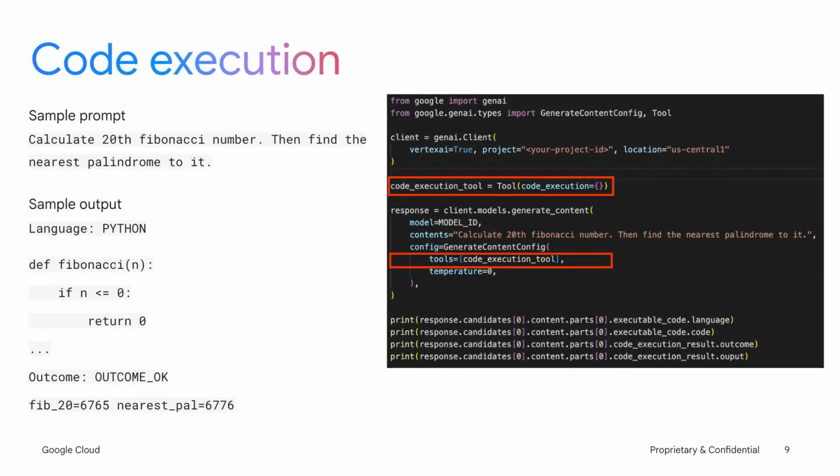But this is kind of a math question, like a math programming question. And so it would really benefit us if we were able to write something in code and have it actually be executed. That's exactly what the model will do. If you look at the response, you'll see Gemini constructing the Python code to calculate the 20th Fibonacci number, and that code will be executed for you in an API backend in a fixed, isolated environment, and all you'll get back is the result.